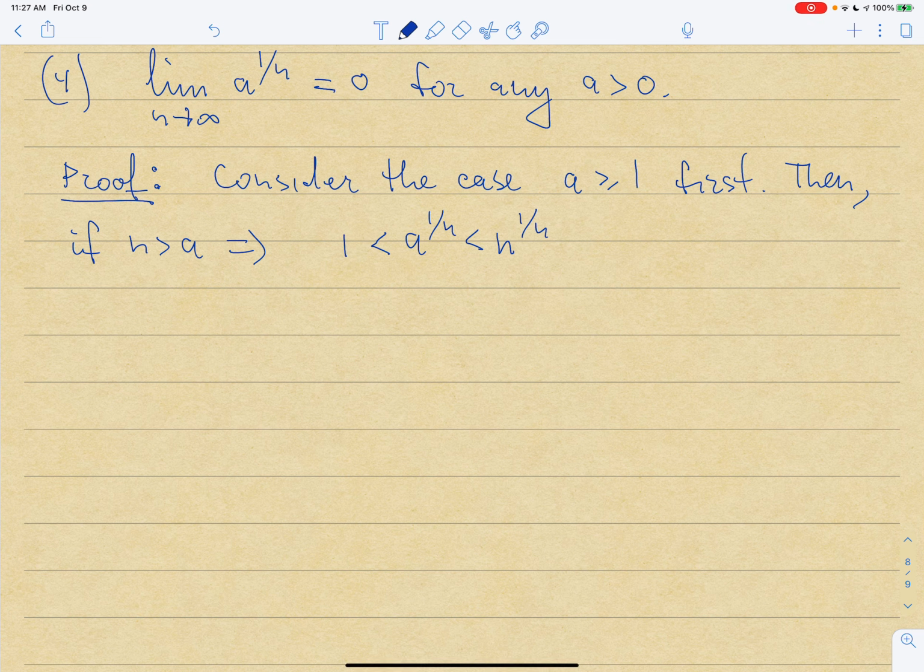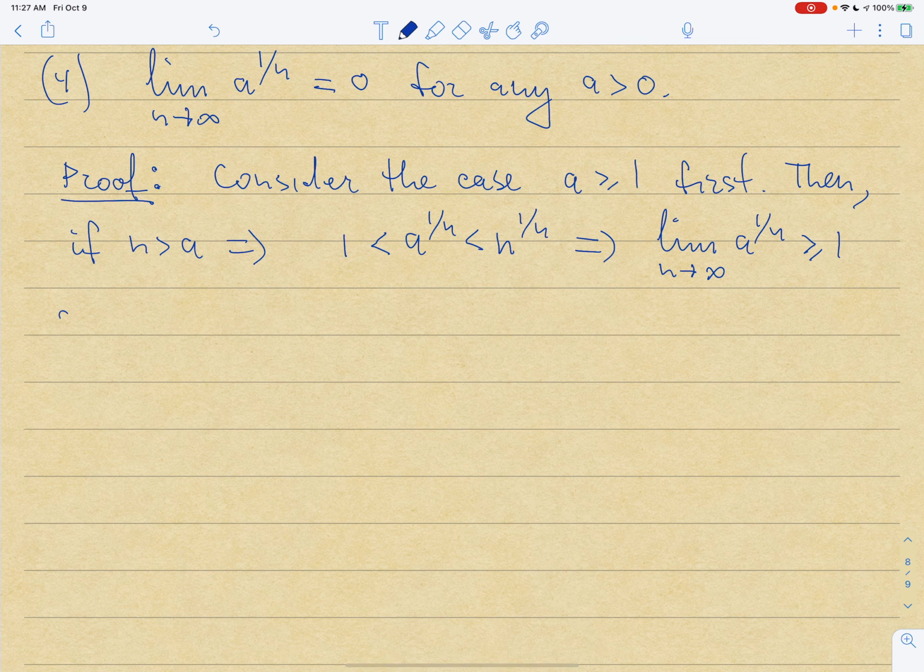All right, so then the limit as n goes to infinity of a to the power 1 over n, if this limit exists, cannot be less than 1, right? So this limit must be greater than or equal to 1.